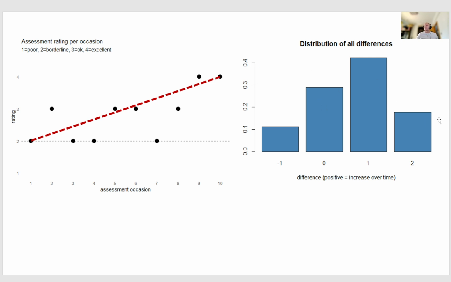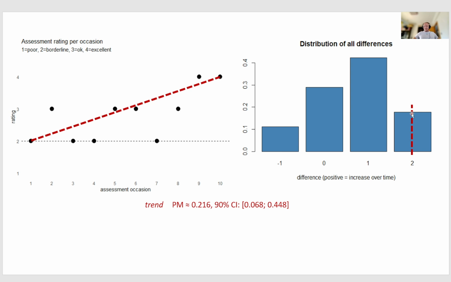And the key question now is whether the difference that we find is substantial or notable in light of this distribution. Basically the question is: we now observe a difference of 2 ranks between first and last assessment occasion.